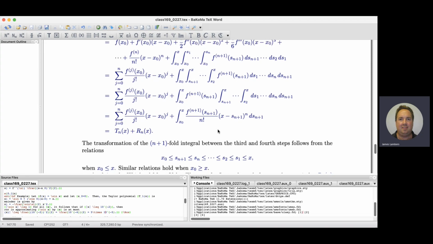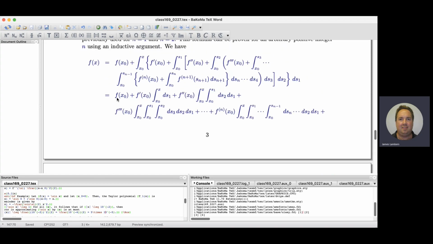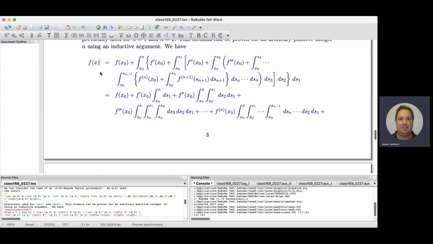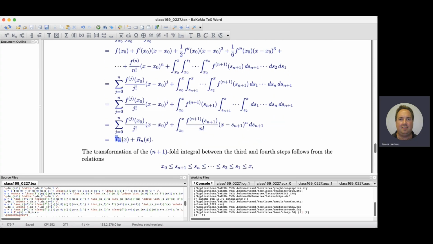But what it's saying is that you can approximate your function f of x by a Taylor polynomial of degree n plus the nth Taylor remainder. So this right here is the Taylor polynomial of degree n, that's Tn of x.